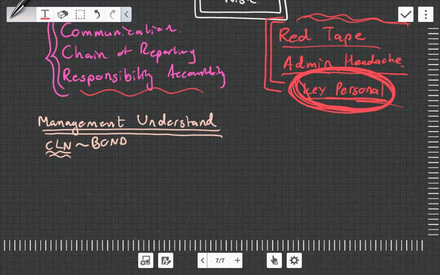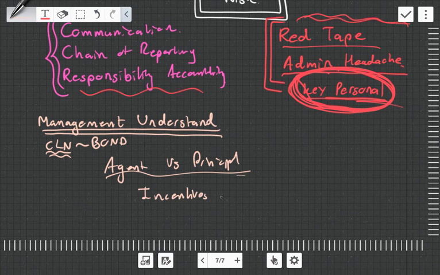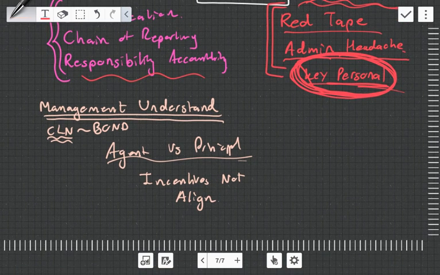Because the thing is, we're going to see it quite a lot here, this agent versus principal problem. Ooh, the spelling's going crazy here. Agent versus principal problem, with the idea that sometimes in a corporation, specifically a large institution, the incentives are not aligned. What I mean by that is the overall company wants to make profit by taking on a reasonable amount of risk.